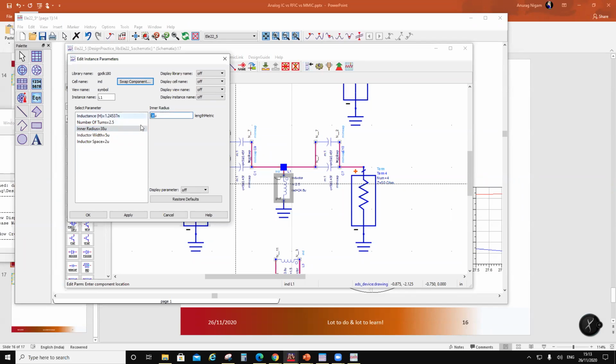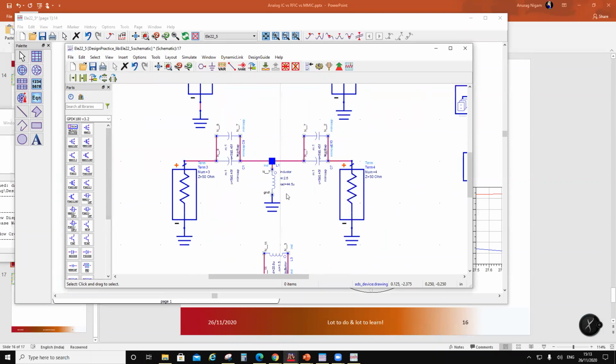So this inductor has become bigger. Okay, 1.5 nanohenry. 42, but still very small. Actually, if you see the layout, it's going to be very small. 43, 44, 44, and 44.5. Yeah, done. So we are done with this element.